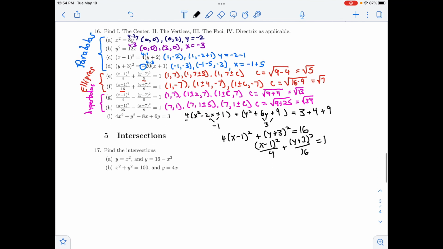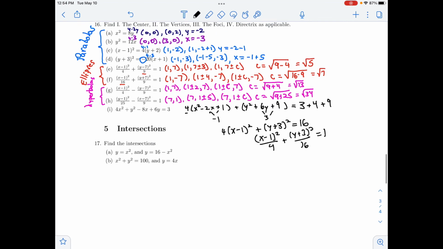And you get your components here, or your center is going to be (1, negative 3). Your vertices are going to be (1, negative 3 plus or minus 4). See, because it's vertical.